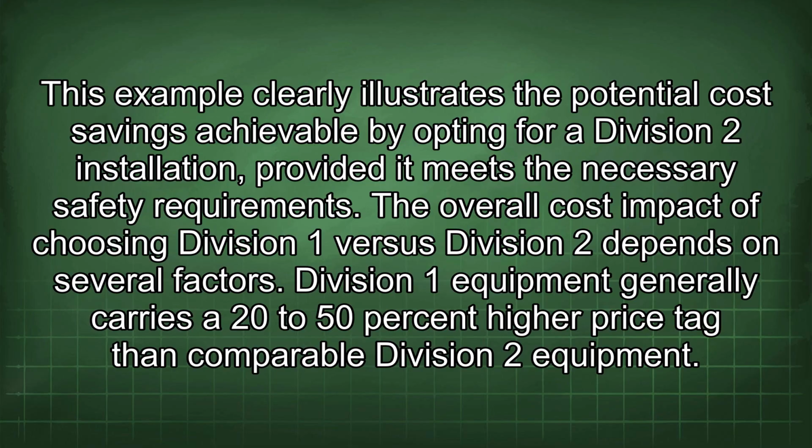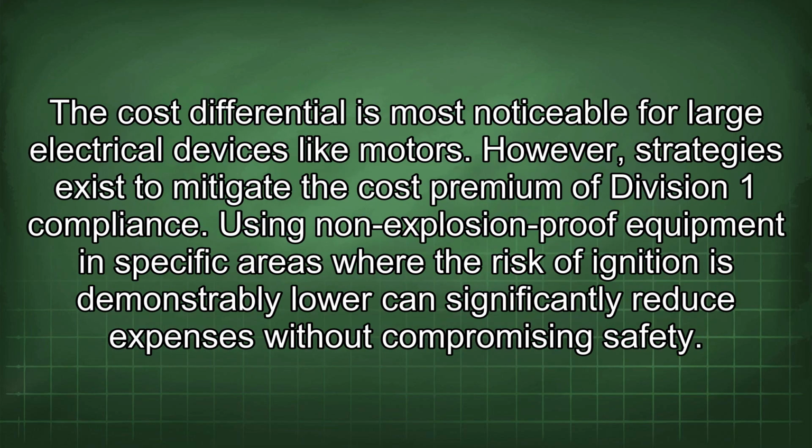The overall cost impact of choosing Division 1 versus Division 2 depends on several factors. Division 1 equipment generally carries a 20 to 50% higher price tag than comparable Division 2 equipment. The cost differential is most noticeable for large electrical devices like motors.